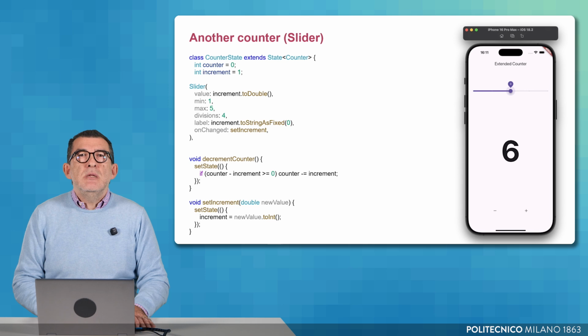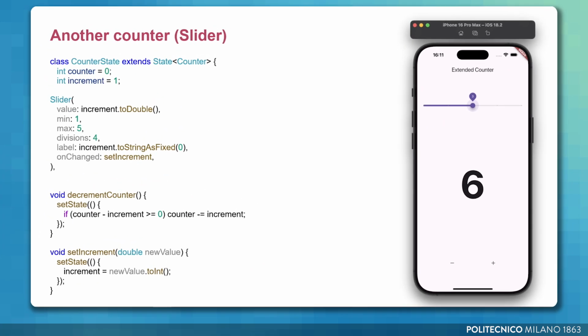If an increment or decrement would break these limits, it should be ignored. While the app's basic structure remains familiar, this will be our first time working with a slider, so we will need to understand how it functions and carefully manage the counter's state to ensure correct behavior.